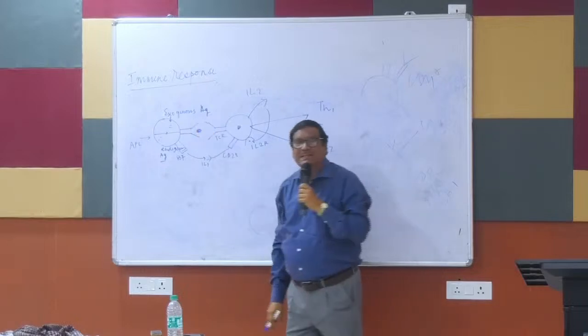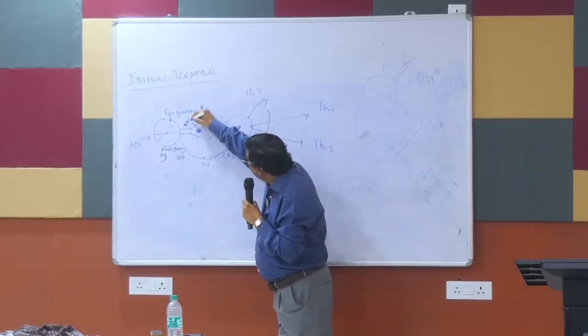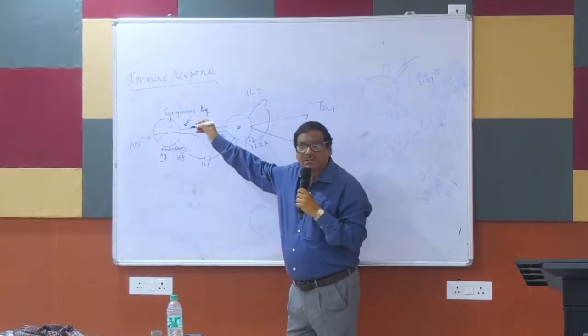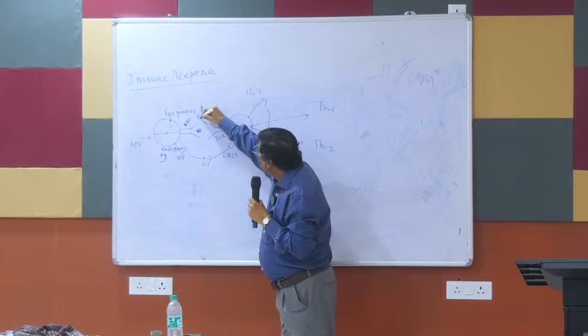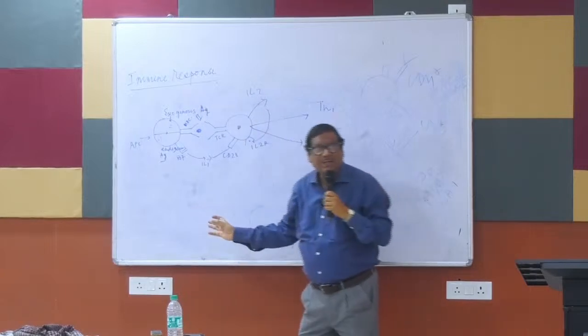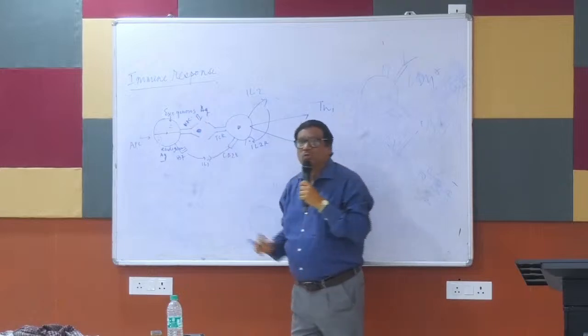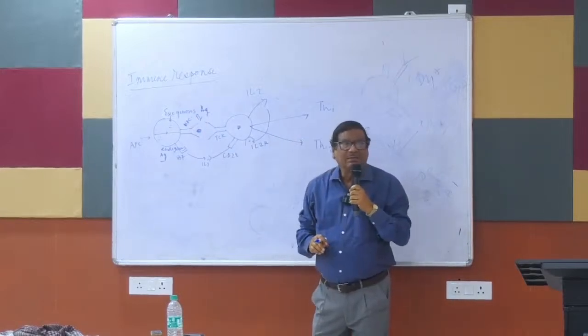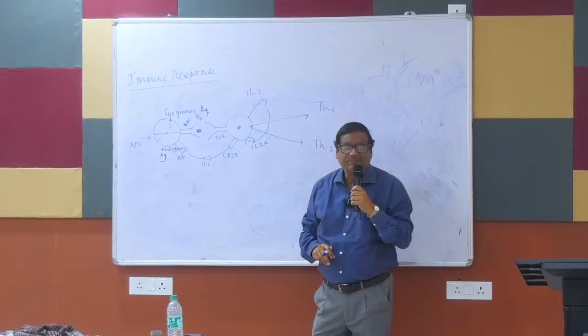Say this is exogenous antigen, then the receptor will be MHC 2, and in case of endogenous it is MHC 1, isn't it? So, by the MHC 2 they are presenting that this is the processed antigen.